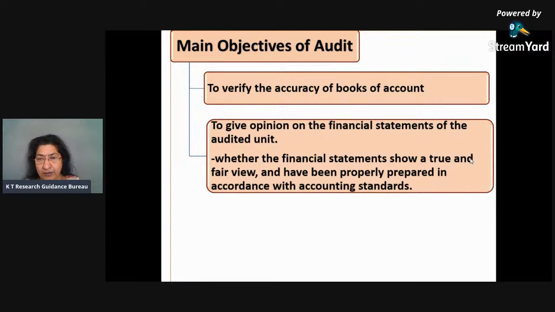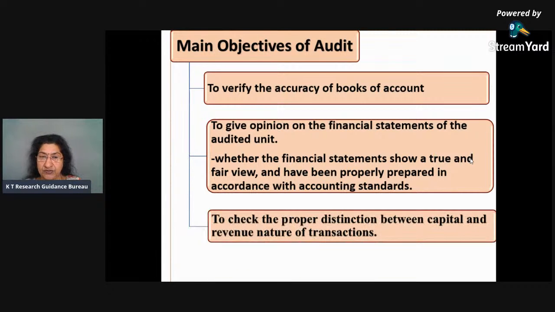Expenditures are correctly entered and about balance sheet that balance sheet and these statements shows true and fair view of all financial reports. So as per the accounting standards, these books of accounts are prepared or not. That also auditor verifies and after verification he gives his report to shareholders.